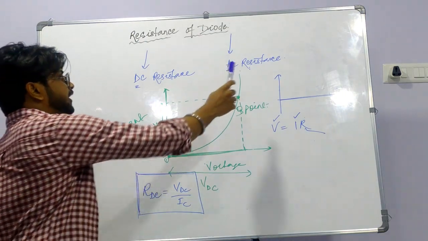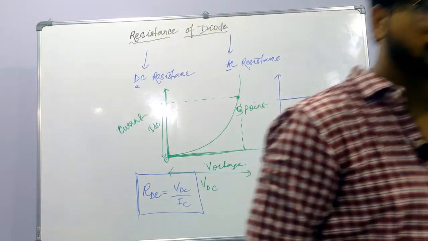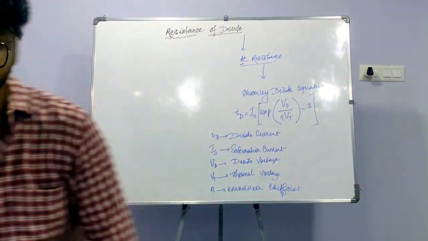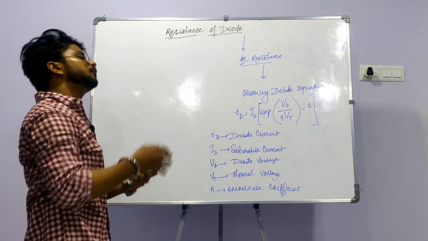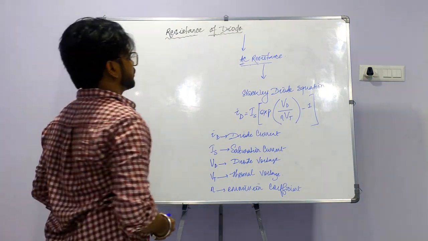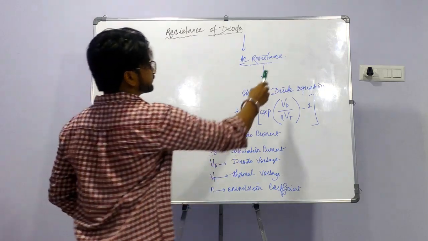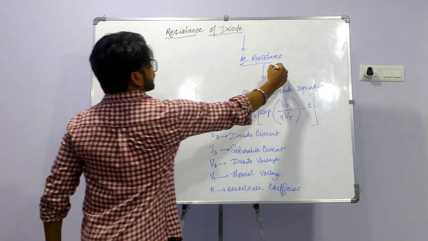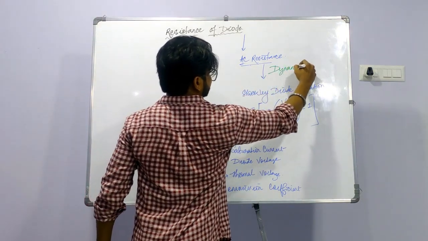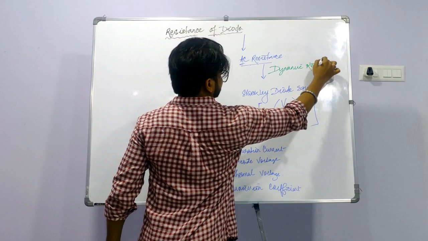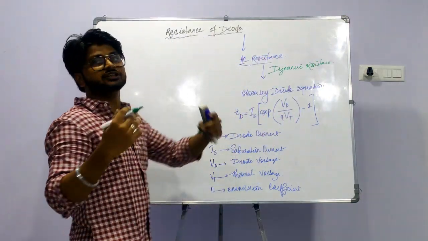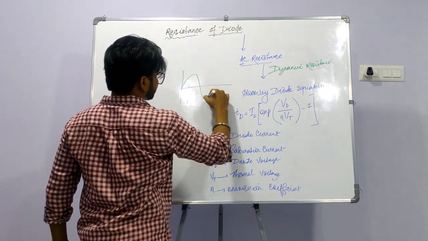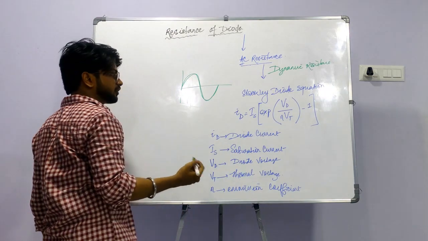Now moving on to the AC resistance. Analyzing the AC resistance of a diode, the AC resistance is also called dynamic resistance, because this changes with time, as the AC voltage is a sinusoidal wave which changes with time.